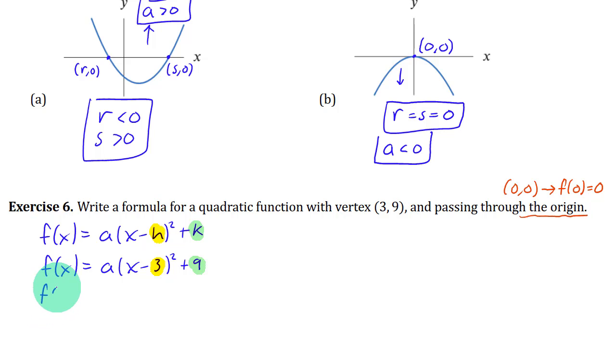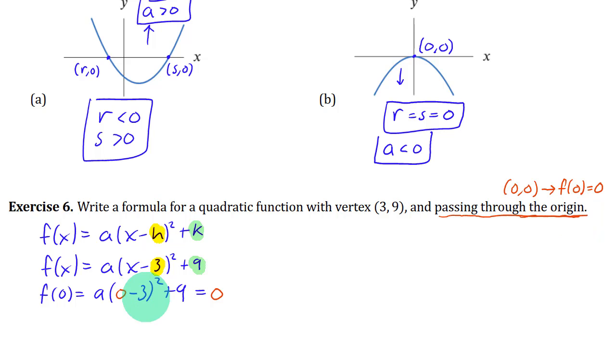So f of 0 is what you get here when you replace x with 0. That would be a times 0 minus 3 squared plus 9. And that result needs to become 0. So again, if the x is 0, the result y needs to be 0 if it's passing through the origin.